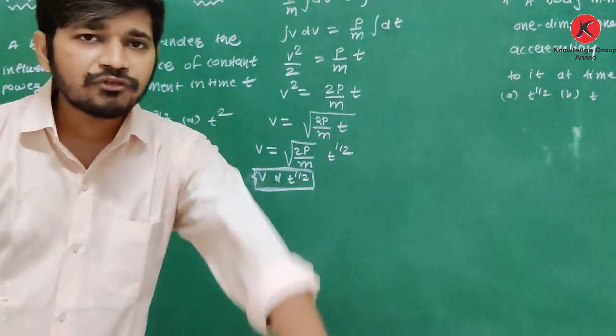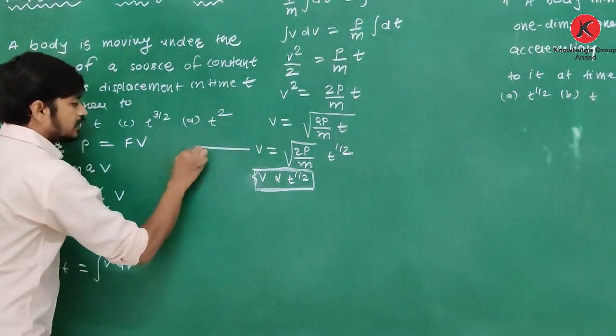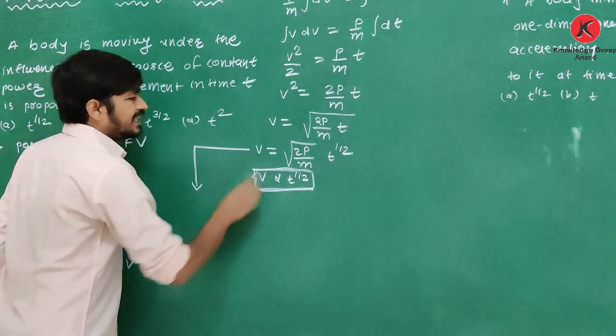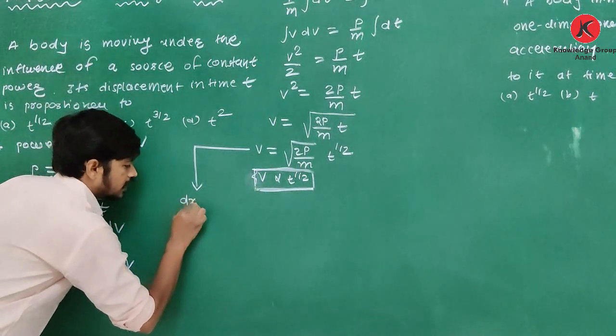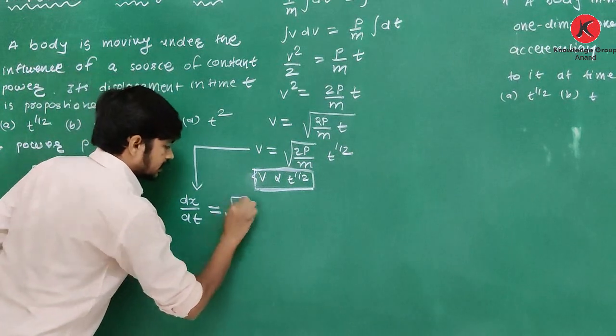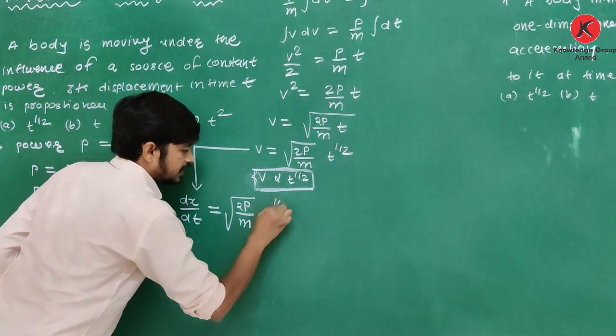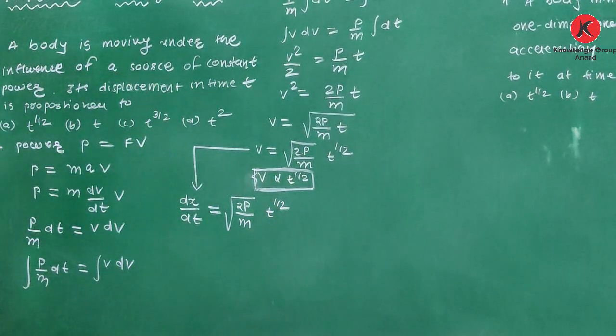How to find the relation of displacement? See, from this equation, I can write V is equal to dx upon dt is equal to under root 2P upon m, t raised to 1 by 2. Yes or no? Yes, it is.